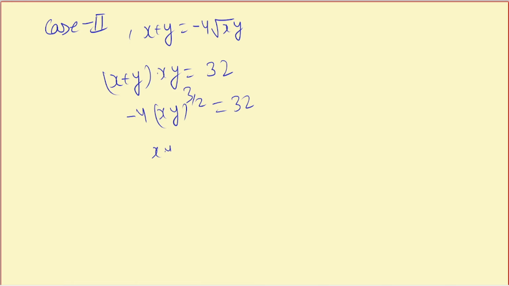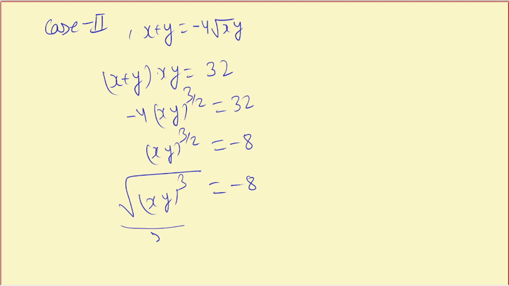So we get here xy to the power 3 by 2 equal to minus 8. I can write this as the square root of (xy) cubed equal to minus 8. So we know this square root is always greater than or equal to 0, and here we have minus 8. So from here we get no solution.